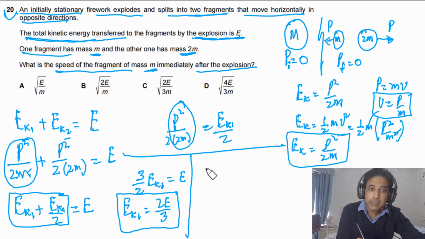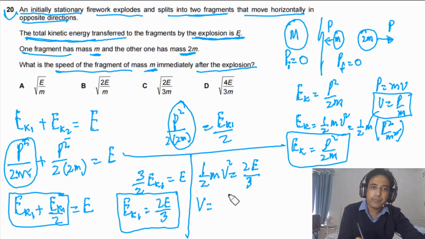We need to find the speed. So we can say 1/2 mv squared for fragment 1 is equal to 2E divided by 3. We need the value of v. If we multiply by 2 here, we have to multiply here as well, so we will get 4E, and if we divide by the mass on both sides, we get v squared equal to 4E divided by 3m.